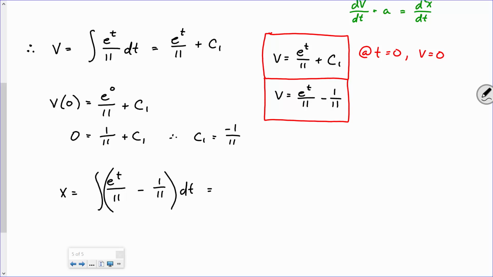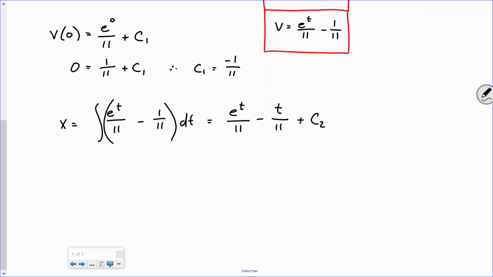So the integral of e to the t over 11 is e to the t over 11. What about this? What's the integral of a constant? Constant times t, right? So we have e to the t over 11 minus t over 11 plus c2. Call it c2.